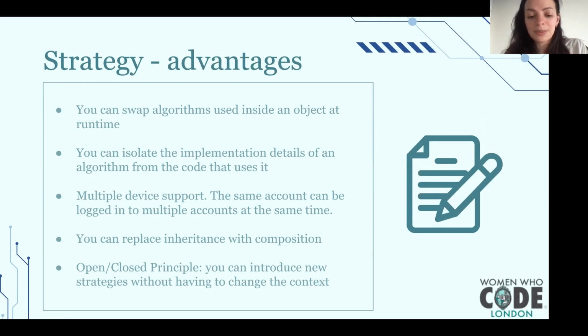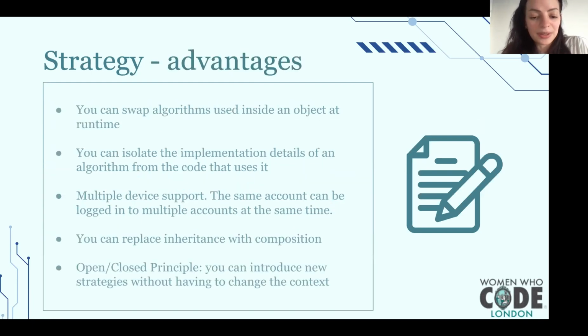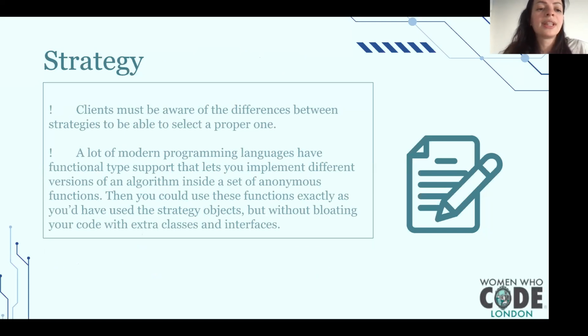And yeah, the open-closed principle: the implementation of the strategy is basically closed, but the way to use it is open, I would say. Yeah, and you don't need to change the context. That's also important.